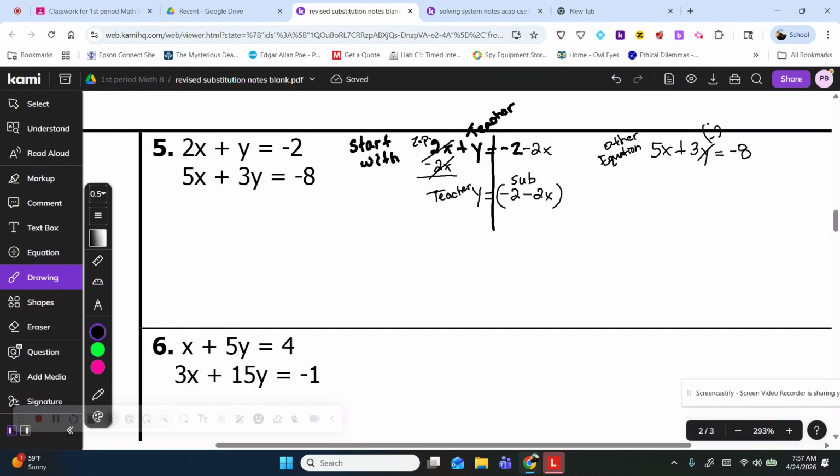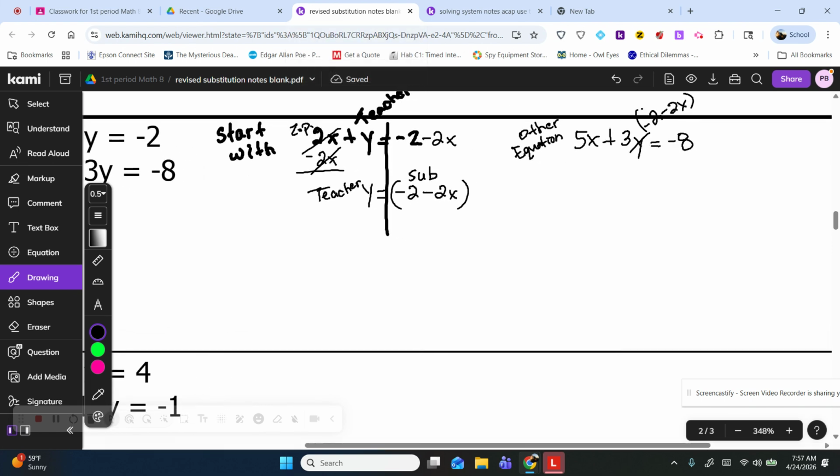So that's negative 2 minus 2x coming in right there. Everybody understand that? Everything else is staying in the same seat. Don't move. Keep that 5x plus 3, and then the teacher goes out and the sub comes in, and then it's still equal to negative 8, yes.